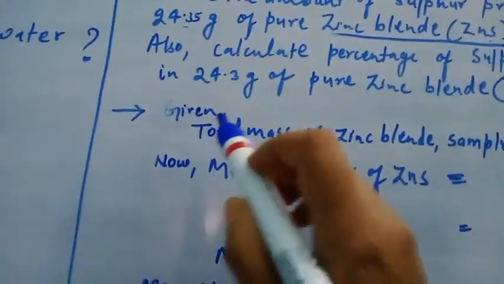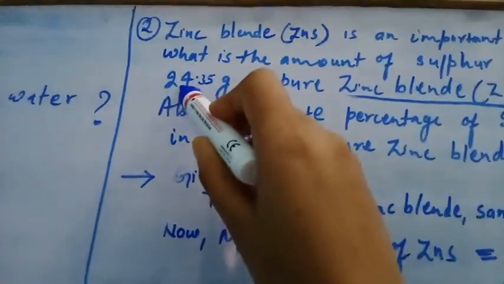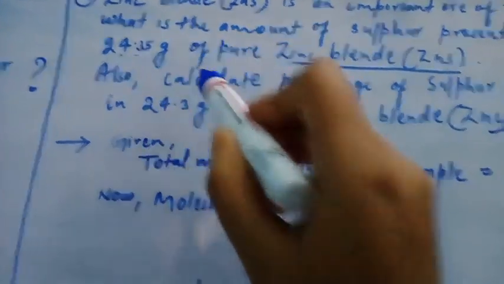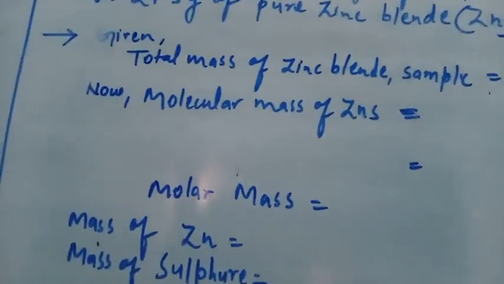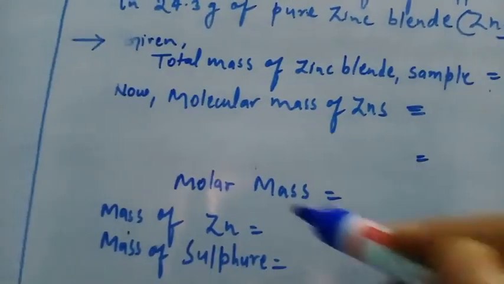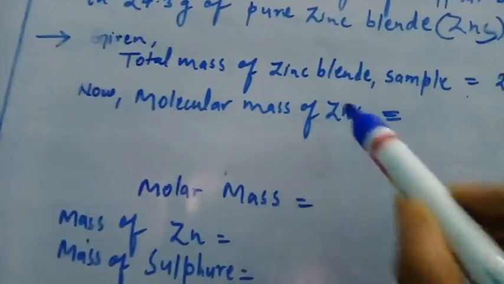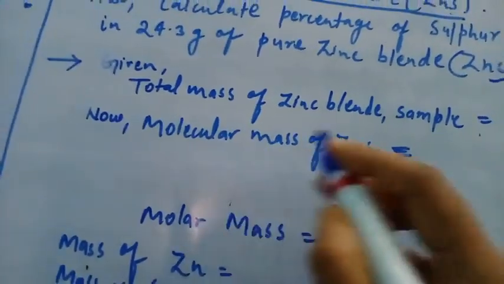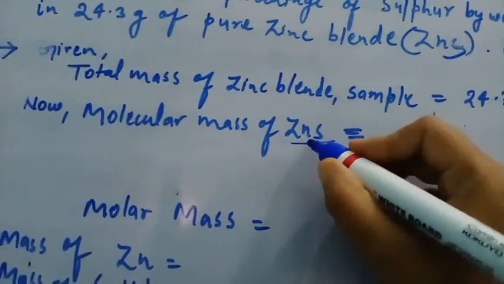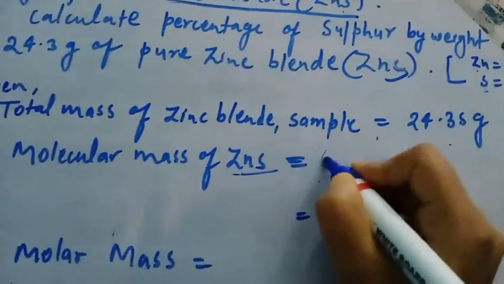What is given here is the total mass of zinc blend, 24.35 gram. To go further, first we have to calculate the molecular mass of zinc sulfide, or zinc blend.